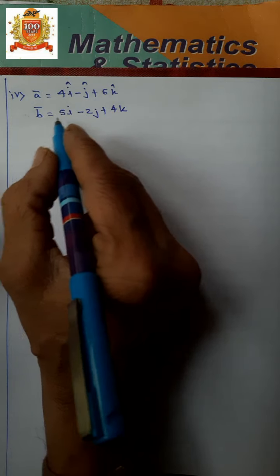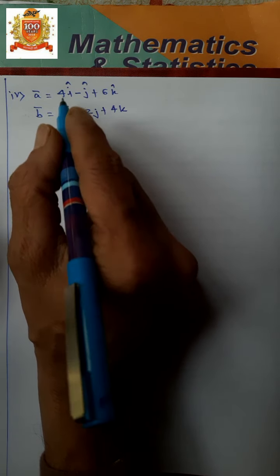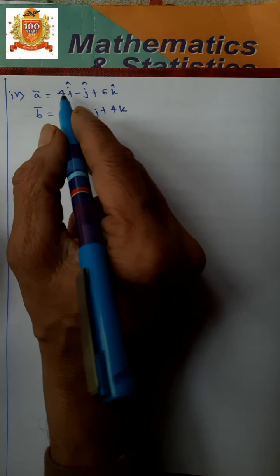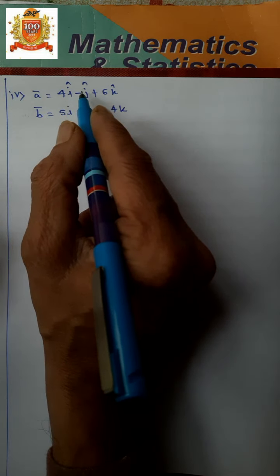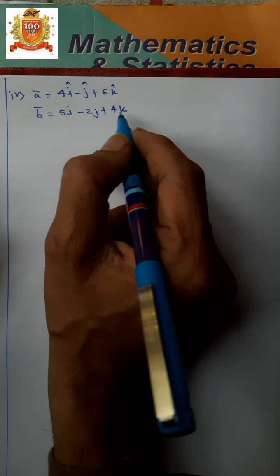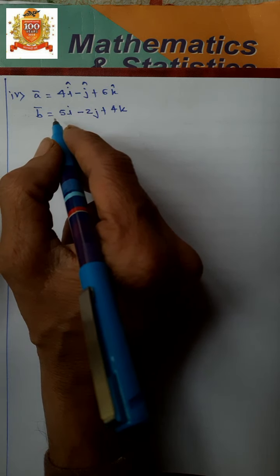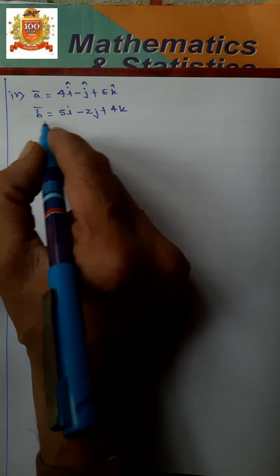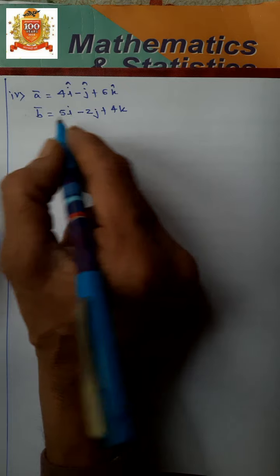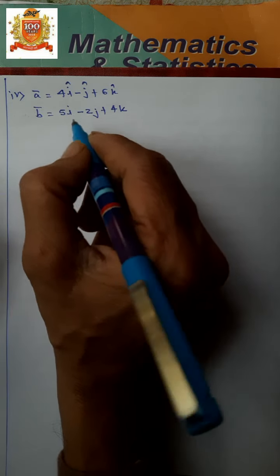By observation, we can say that these two vectors are not parallel because we get ratio as 4 upon 5, 1 upon 2, 6/4. These are not constant ratio. Therefore, by observation, we can say that these two vectors are not parallel. Now, let us see if they are orthogonal or not.